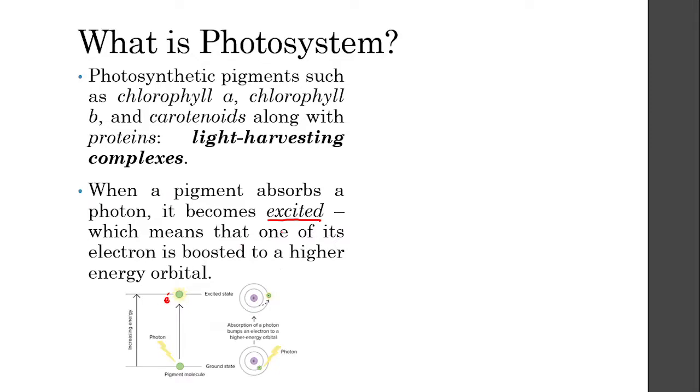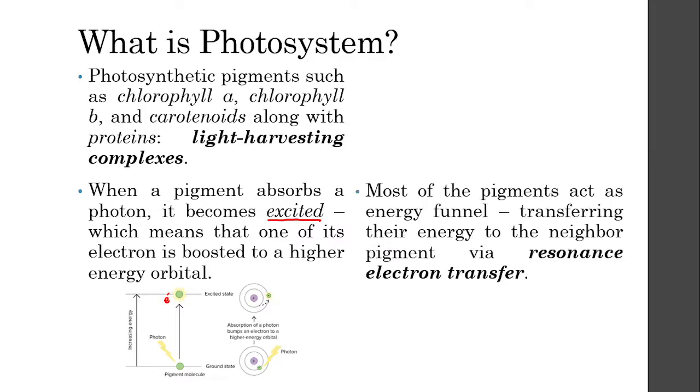That is basically what is happening, and when that happens, the whole process is unstable and it needs to donate that energy. In this case for pigments, it has to donate its energy in order to become stable again, until it reaches the reaction center, wherein instead of donating the energy, it will instead donate the electron, which will initiate the whole electron transfer chain.